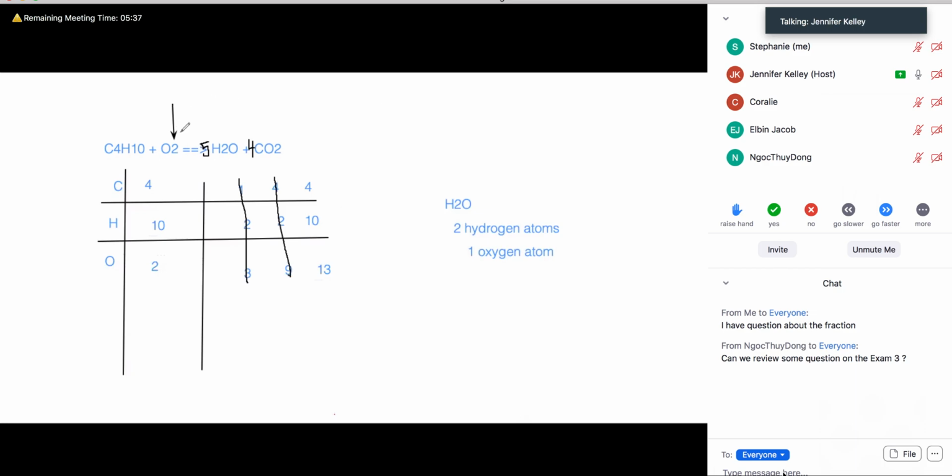So the trick to that is to take the subscript for the oxygen on the left, which is a 2, and take the number of oxygen on the right, which is 13, and just turn those into a fraction like this. And that's the number that I'm going to put right there. So let me see if I can fit it in here, maybe. I don't think I can do it like that. Okay, just do it this way.